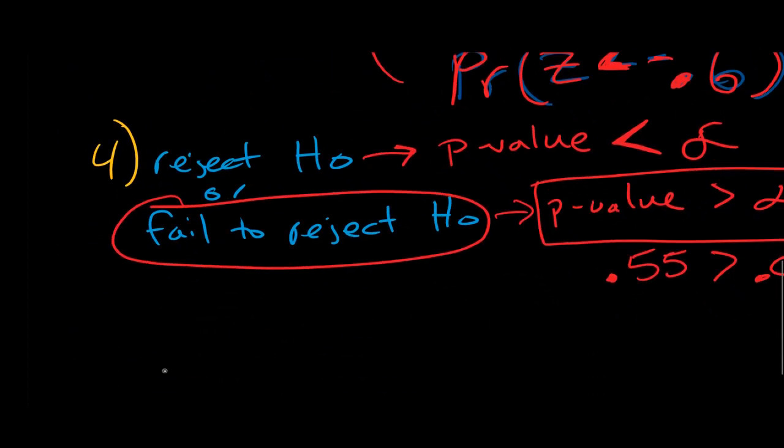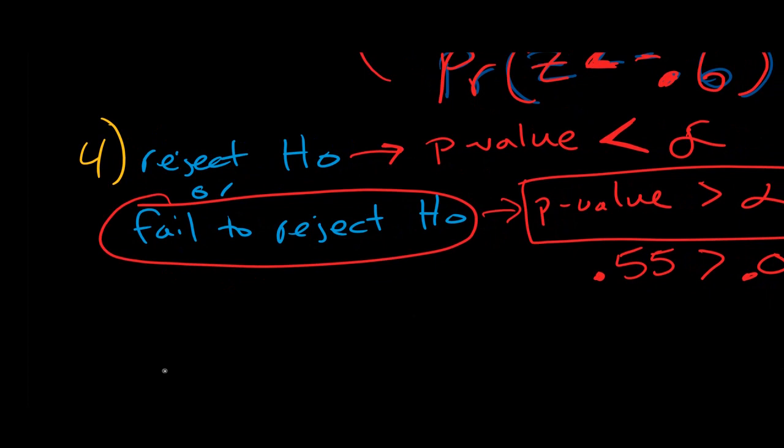So we write our final conclusion first in terms of the null hypothesis, and then lastly, last step, we write our conclusion with regards to the alternative.